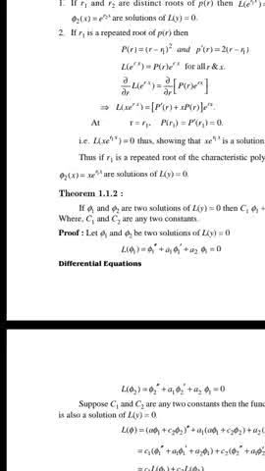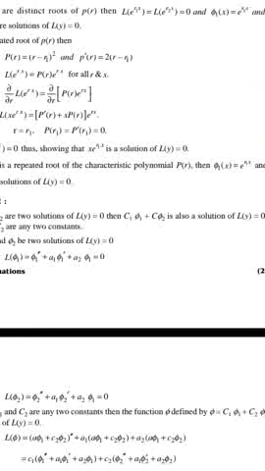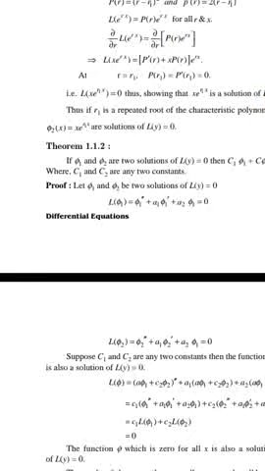Suppose c1 and c2 are any two constants, then the function phi defined by phi is equal to c1 phi1 plus c2 phi2 is also a solution of L of y is equal to 0.